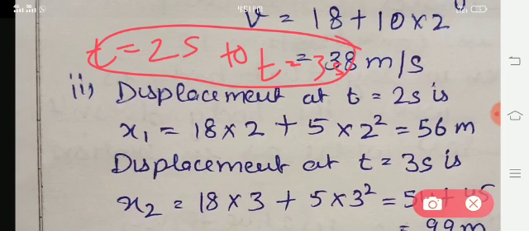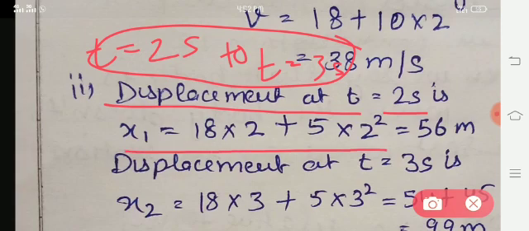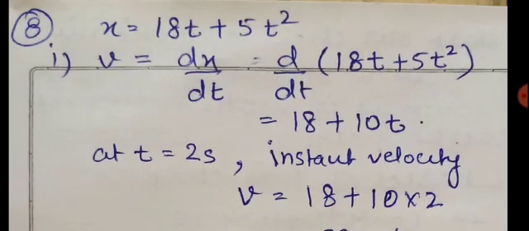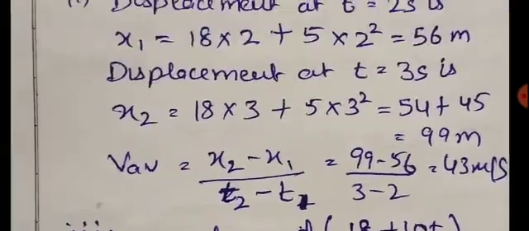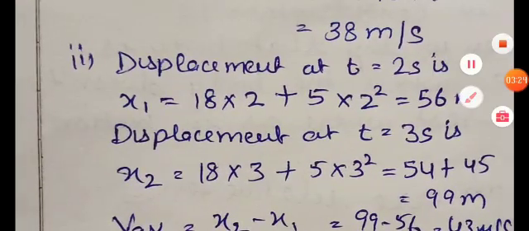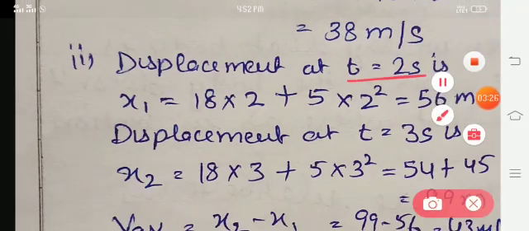So let us take it. You have been given that displacement at t equal to 2 seconds is 56 meters. You can easily find it directly: put the value in this equation and you will find the displacement for time 2 seconds.